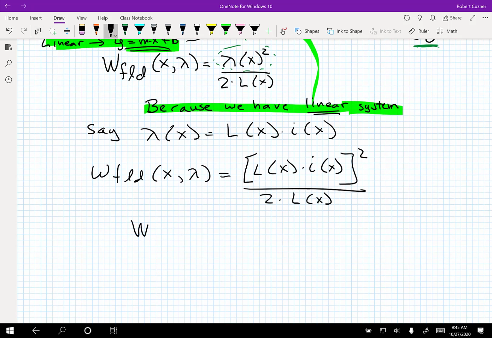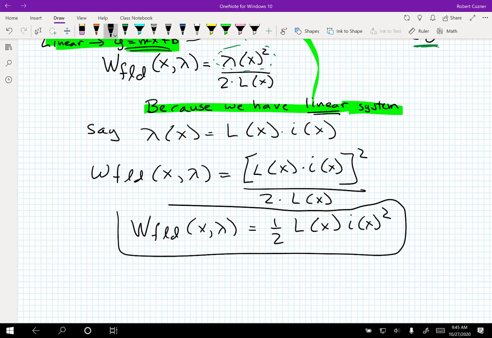And now if I simplify that, I get 1/2 Lx Ix squared. Anybody ever seen this expression before? 1/2 Li squared? Yes, it should look familiar to some of you. And so this is true for the linear system.